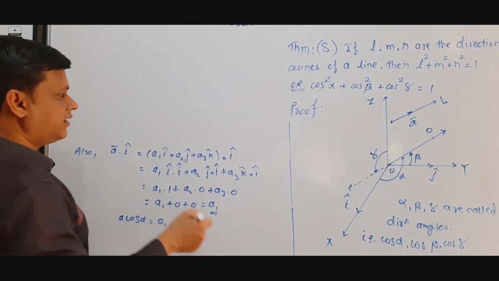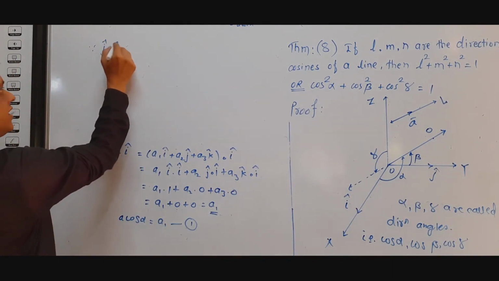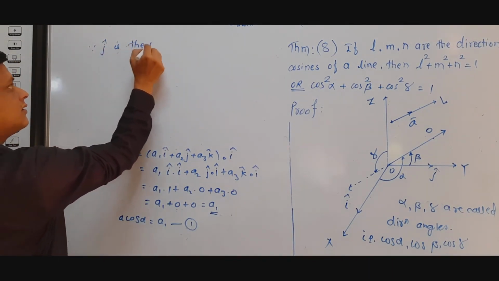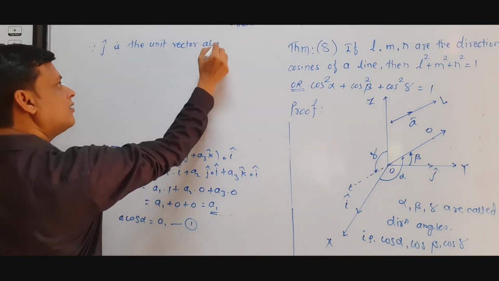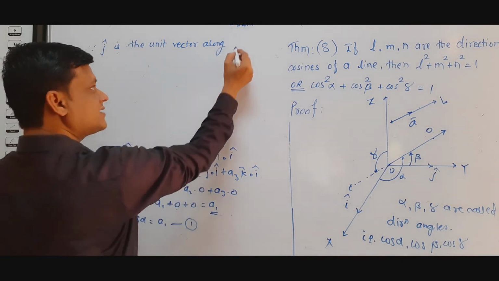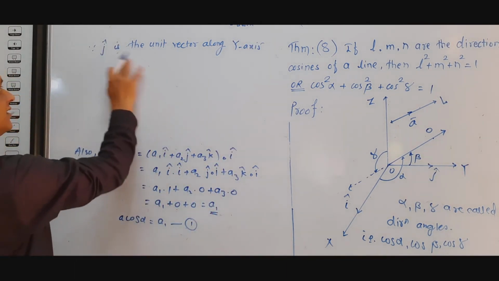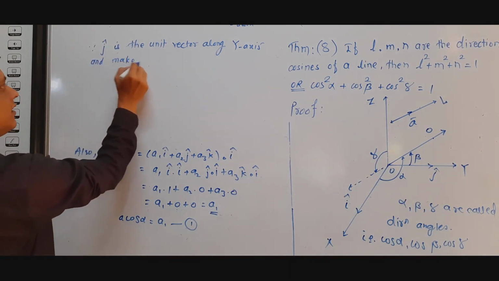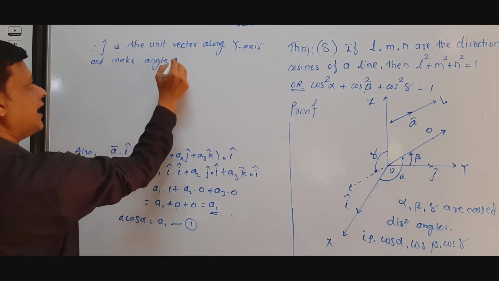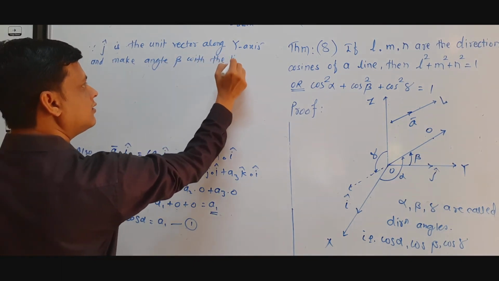So we write here, since J cap is the unit vector along y-axis and makes angle beta with the line.